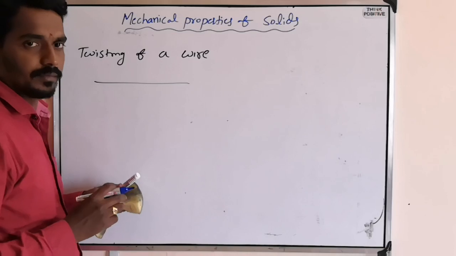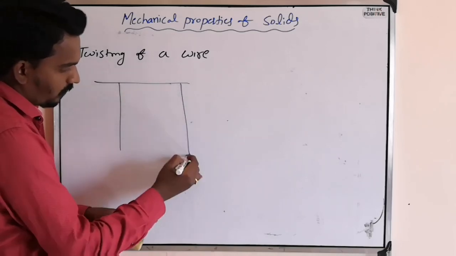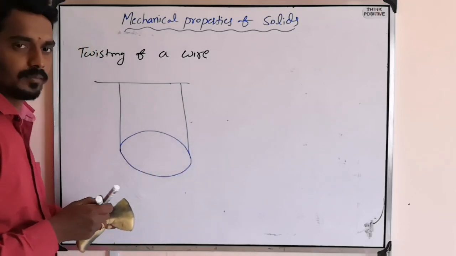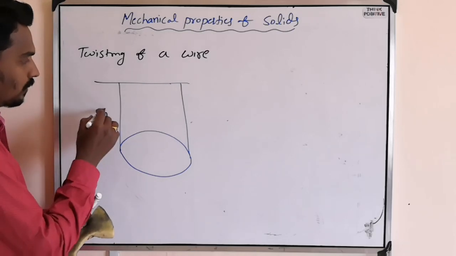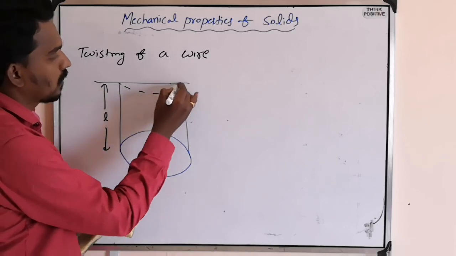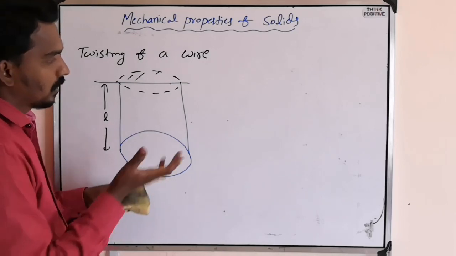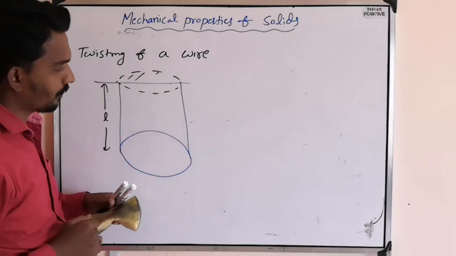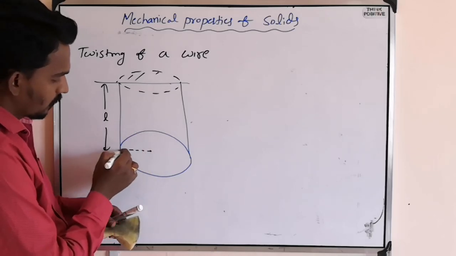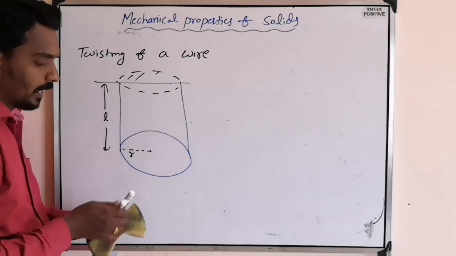Consider a cylinder. A wire is nothing but a cylinder. Consider a cylindrical wire of length L, attached to a fixed ceiling, whose radius is R and length is L. Then it is something like this.